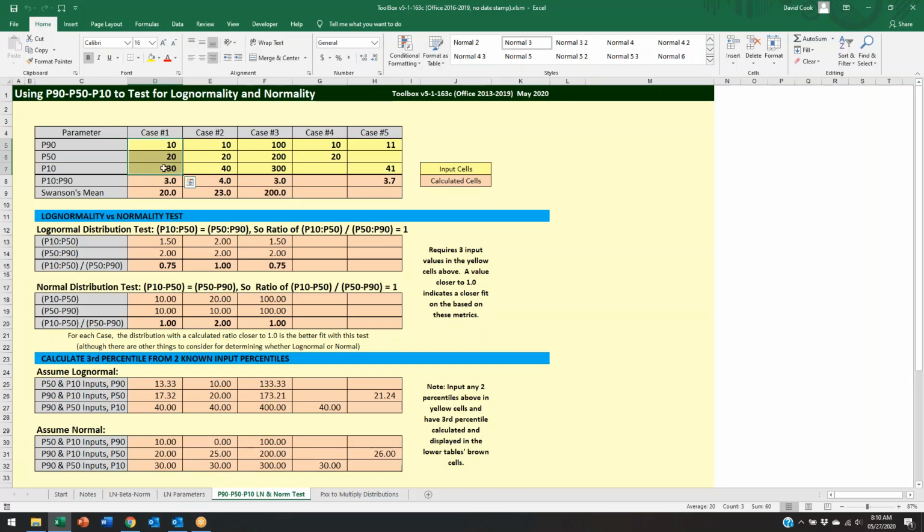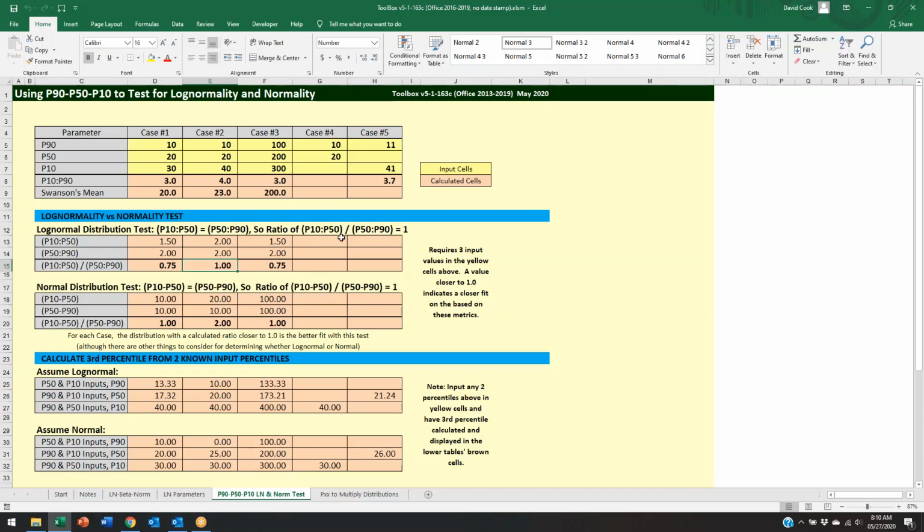When you input 3 numeric values, you can look at the log normal test, shown in these cells, versus the normal distribution test. For the log normal, it takes ratios of the P10 to the P50 and the P50 to the P90.